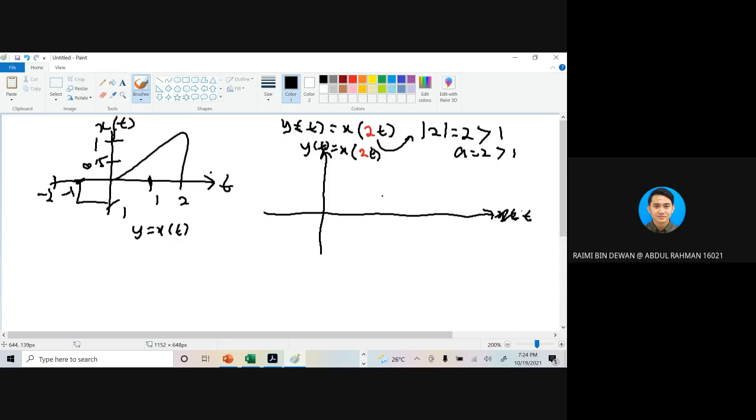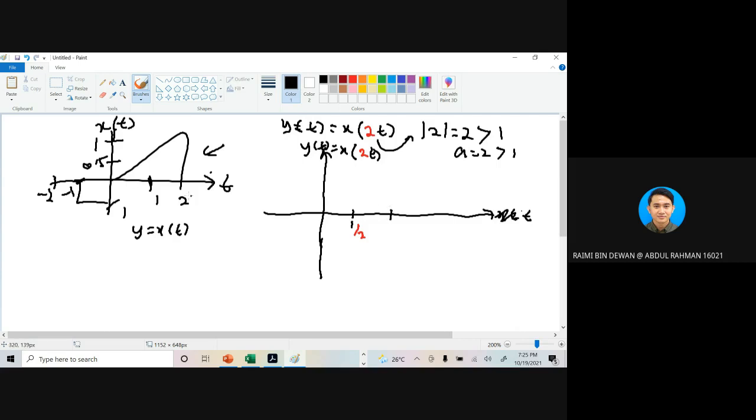If you can see here, this is the original signal. So you're going to have time compressed. For example, 1 will be 1 divided by 2. Easy for you to understand, imagine where this a is causing the effect of the scaling.